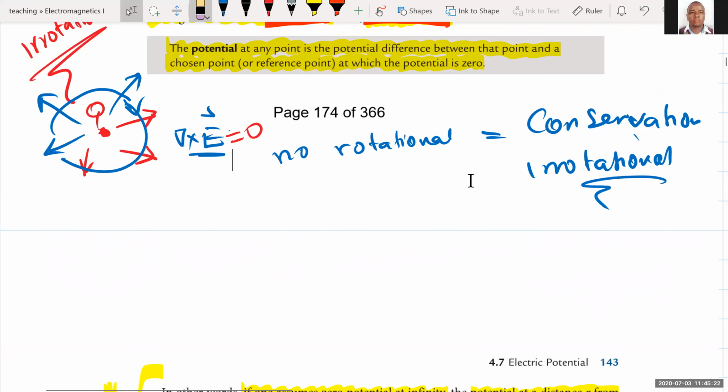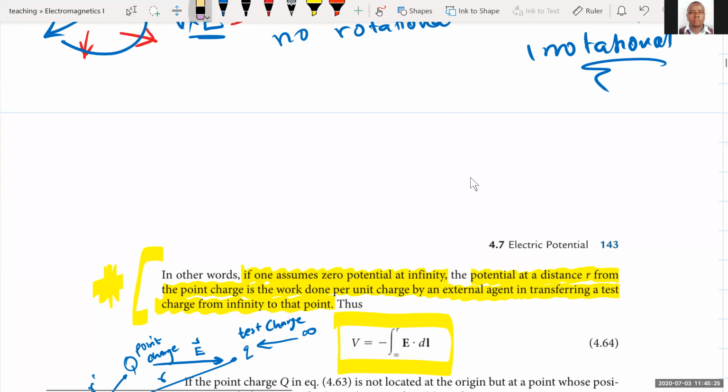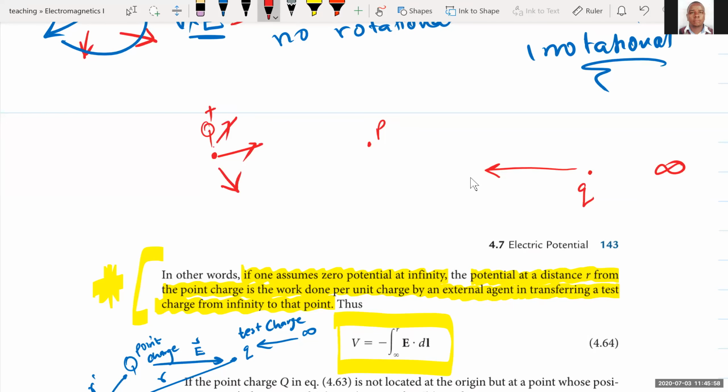As I expressed in the previous example, if you consider your source to be Q, the point of observation to be P, and the reference point to be infinity, you are moving this charge from infinity towards point P. I'm assuming this is positive, and this is positive.